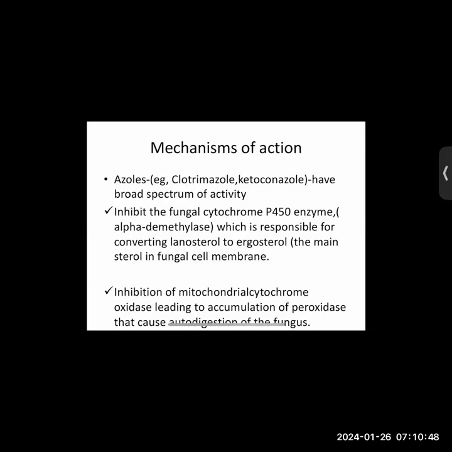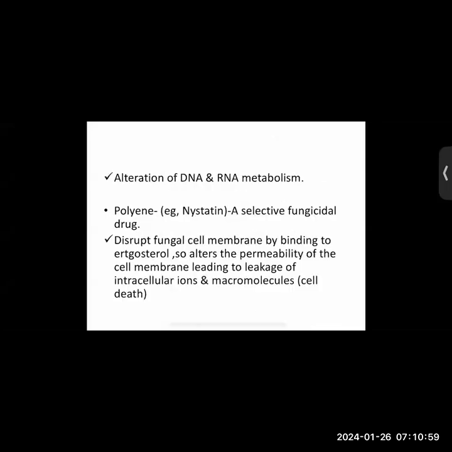They also inhibit mitochondrial cytochrome oxidase, leading to accumulation of peroxide that causes autodigestion of the fungus. It also causes alteration of DNA and RNA metabolism.